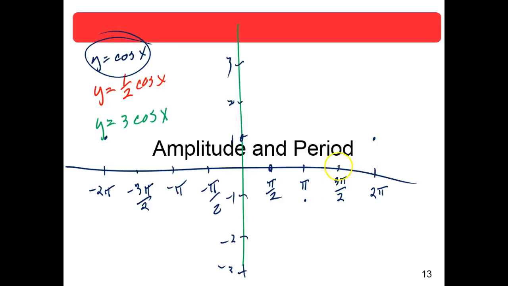Halfway between the min and the max? 0. We got our two maxes here, so halfway between those has to be another min, down here at -1. Halfway between these two is a 0. Halfway between those two is a 0. You got all your points there. You just draw your curve.